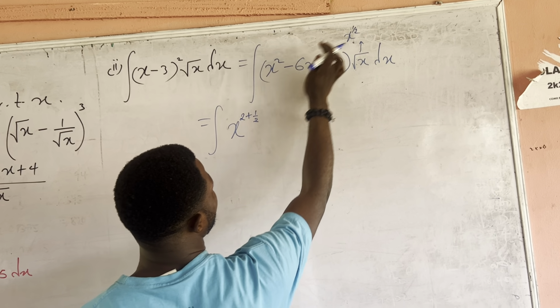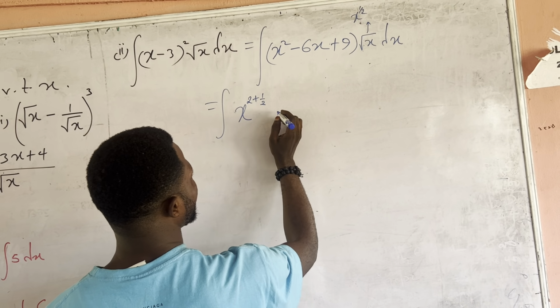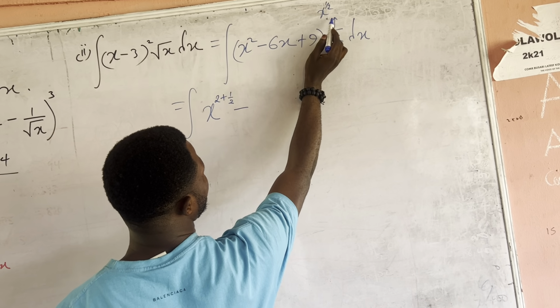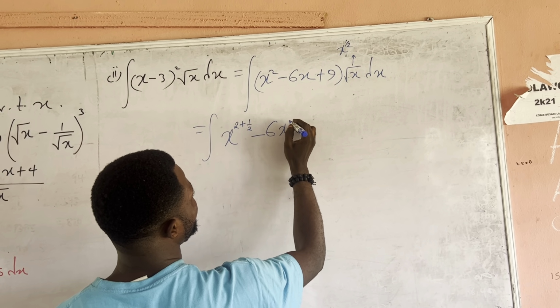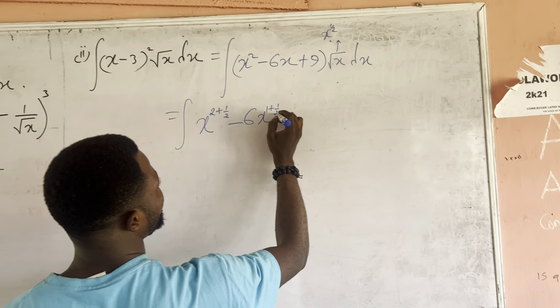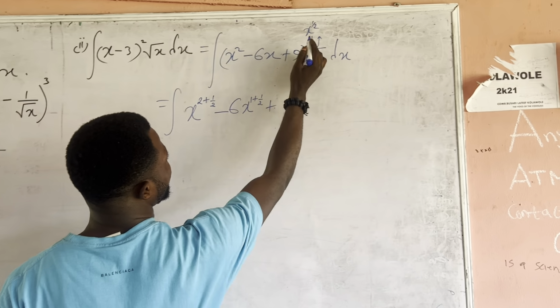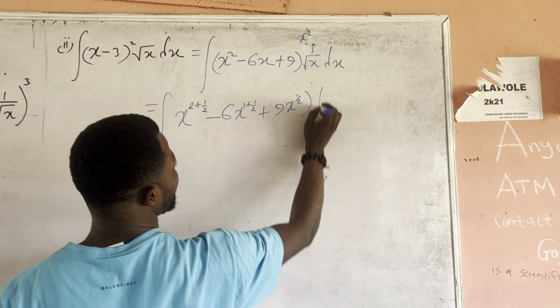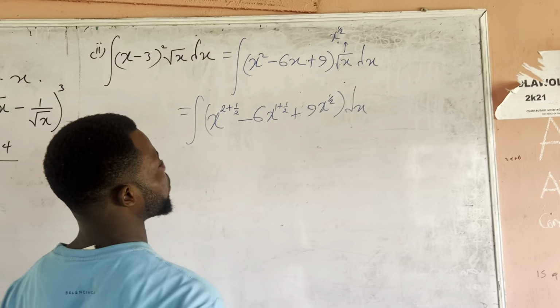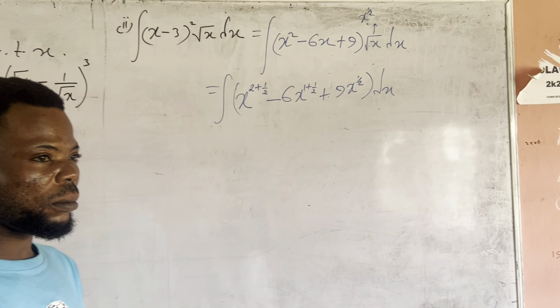We add the powers. Then minus, when we multiply 6x by this, we have 6x to the power of 1 plus half as well. Then plus 9 times x to the power of half, all with respect to x.